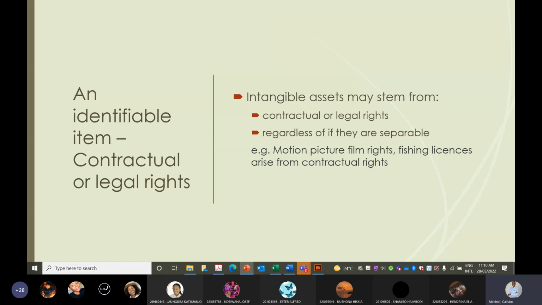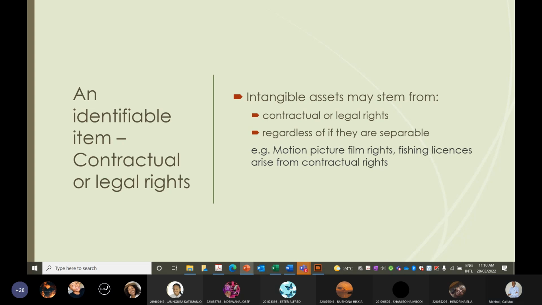It will automatically meet the definition of an intangible asset because it arises from a legal or a contractual right. So a fishing license will arise from a legal right. The government has given you that right to actually go and fish in Namibian waters.